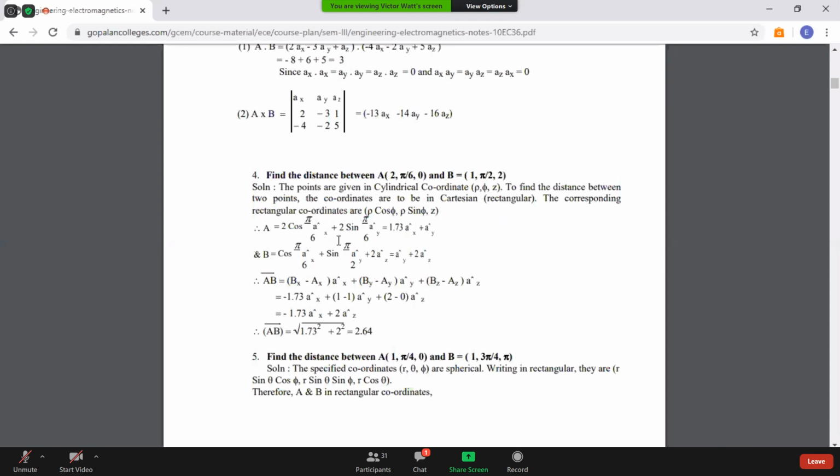So your x in Cartesian is your rho cos phi. I'm mixing up theta and phi. Rho cos phi, rho sine phi. This is your y. Your z remains the same.